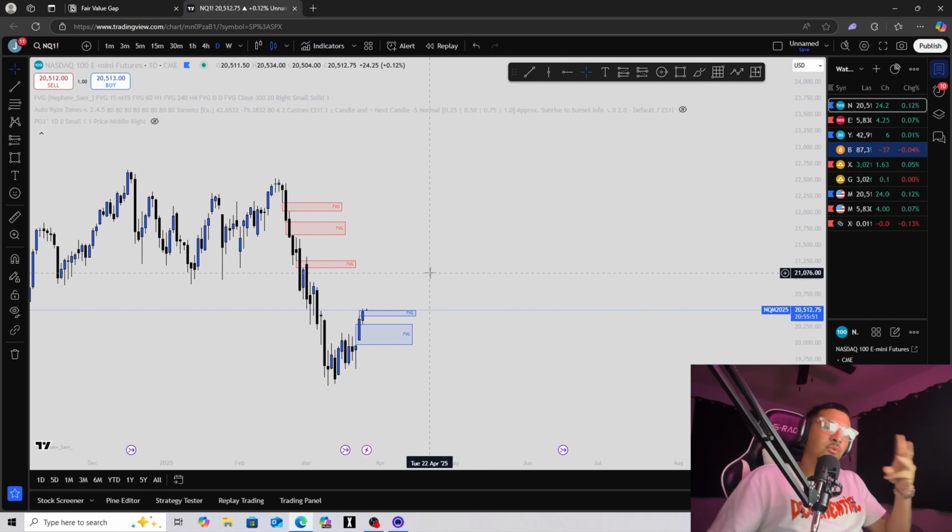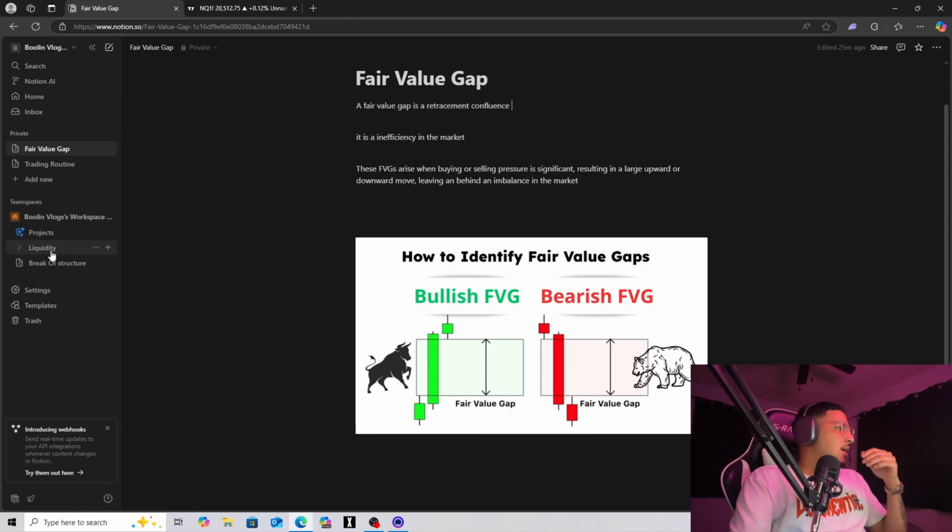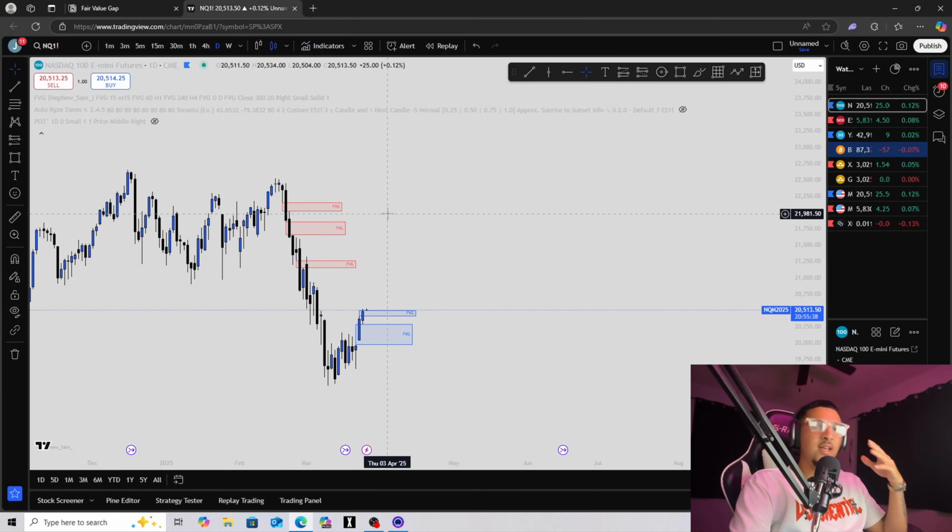I showed y'all the 3 confluences that we went over. Let me see. The liquidity, the break of structure, and now fair value gap. That's 3 confluences that I showed y'all how to identify and how to use. 1, 2, 3. Those 3 steps, how to use them.